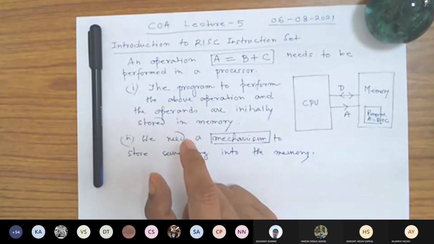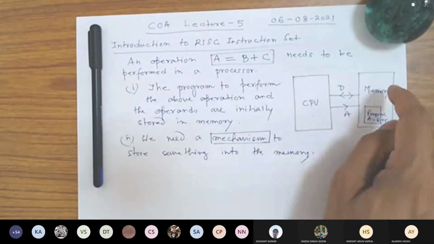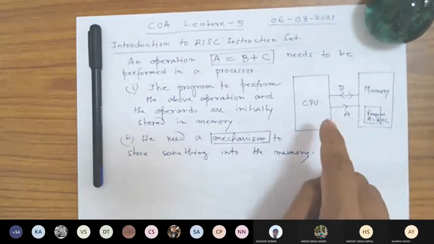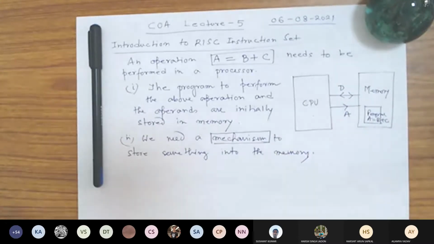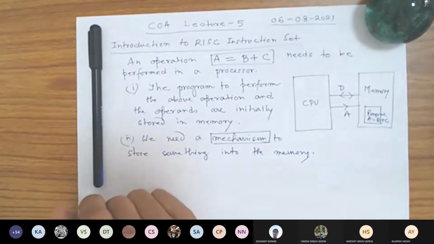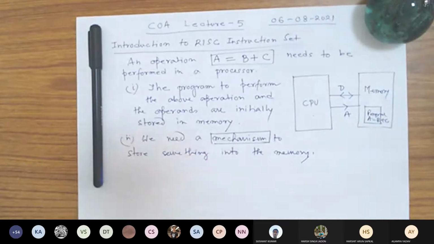You dig into the things, you will come to a root cause that somebody must write something in the memory without the help of this particular CPU so that I can use it. Any guess how it can be dealt with?